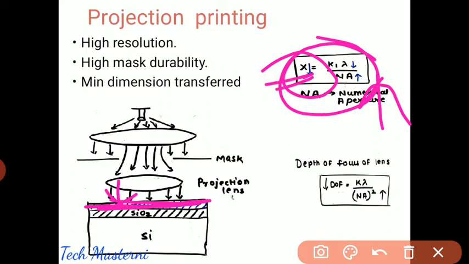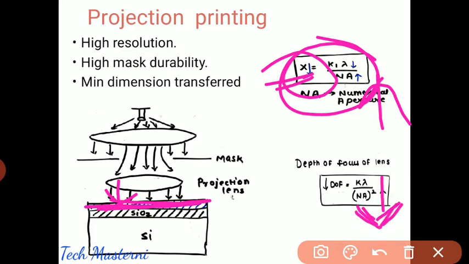On the other hand, we have the depth of focus of the lens. The depth of focus should be high enough. The formula for depth of focus is K lambda upon NA square. So the depth of focus will increase if the NA value decreases; the numerical aperture should be small enough.